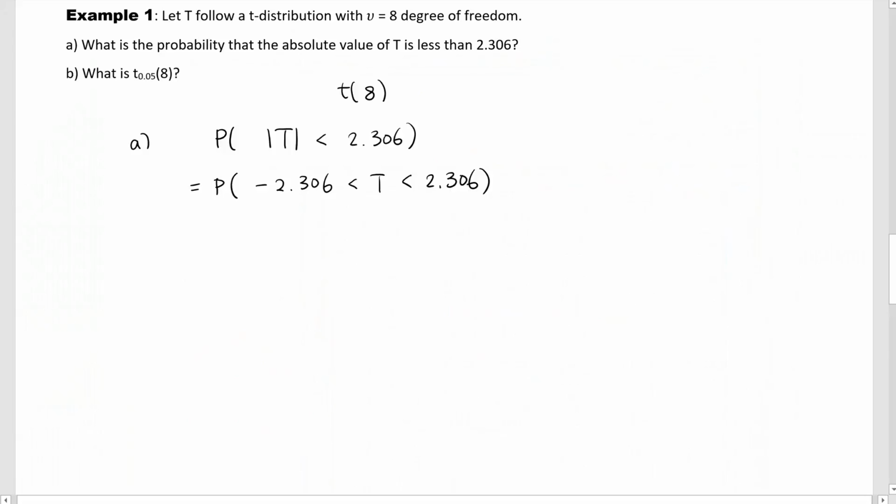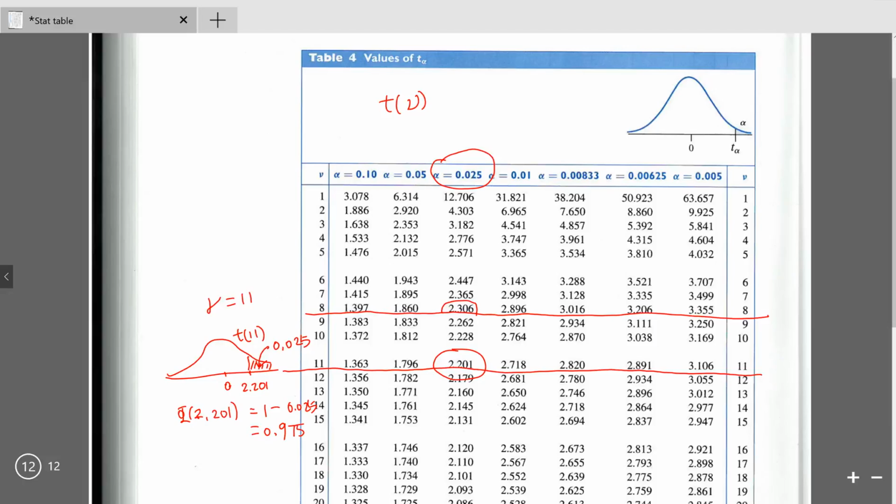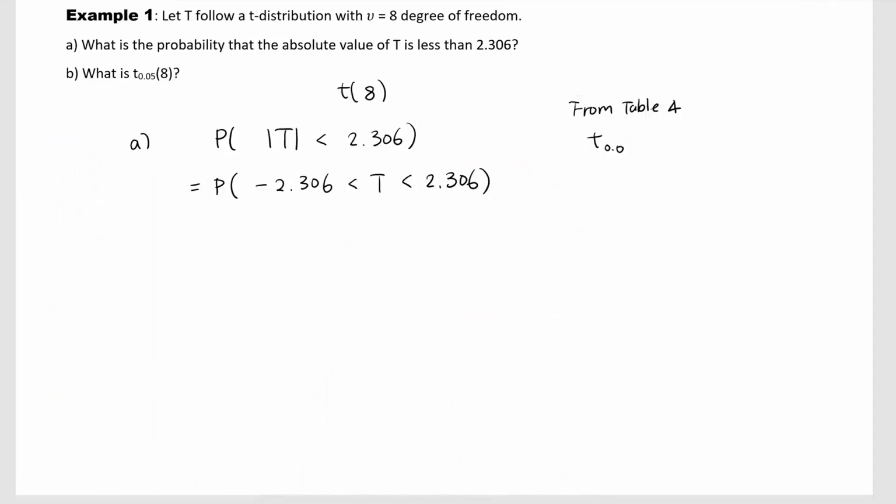It means that from the table, we know t alpha, 0.025, equals 2.306. So we get t alpha value is 2.306, where alpha is 0.025.